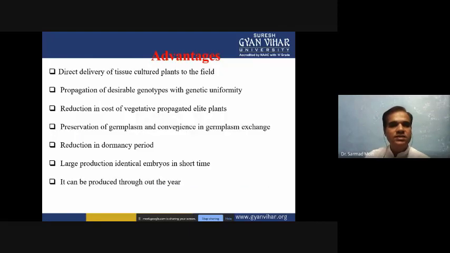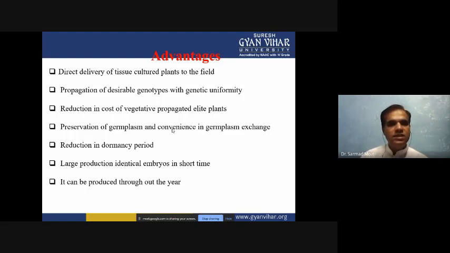Now the advantages. The first advantage is direct delivery of tissue culture plants to the field.